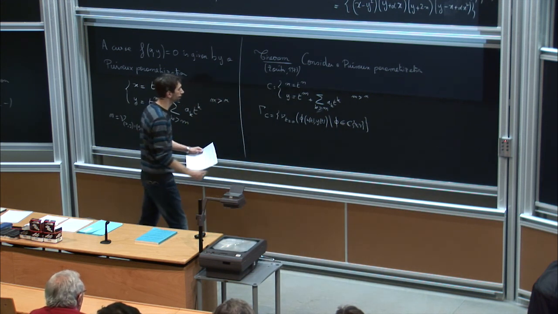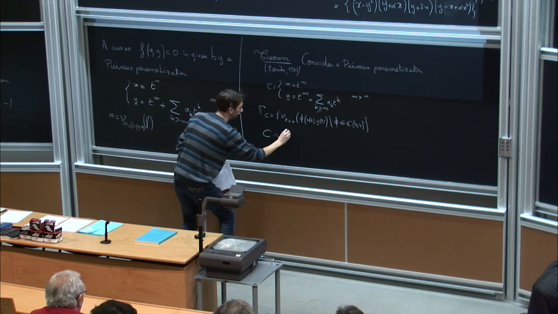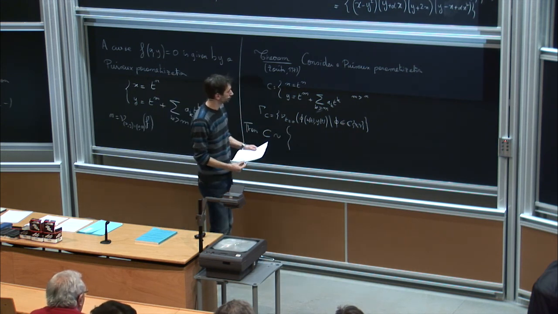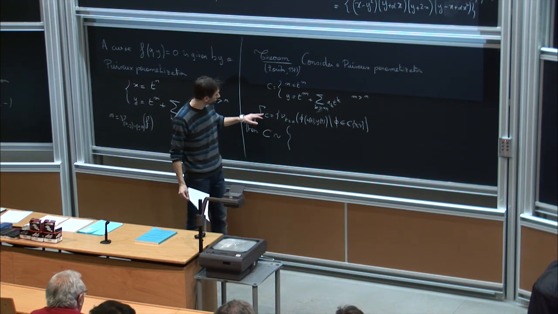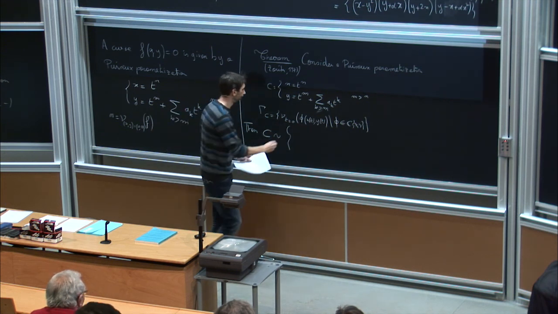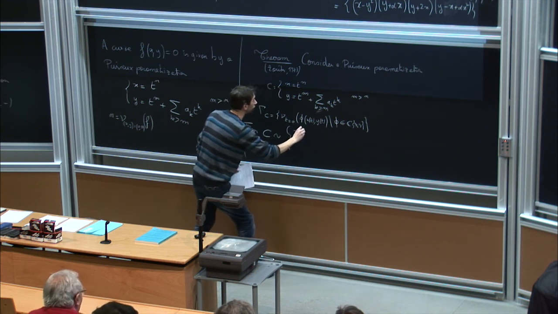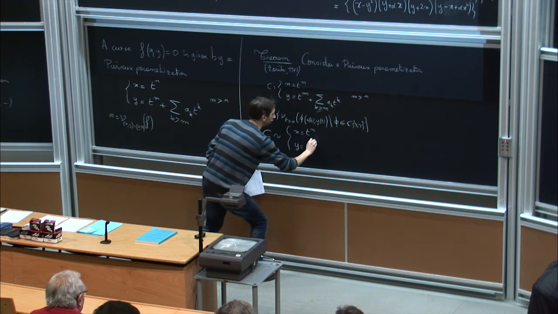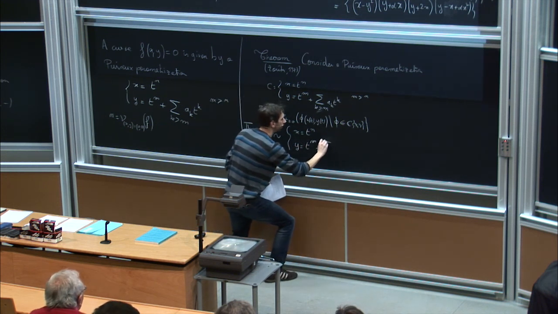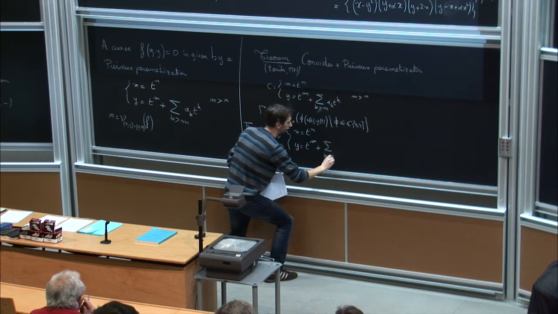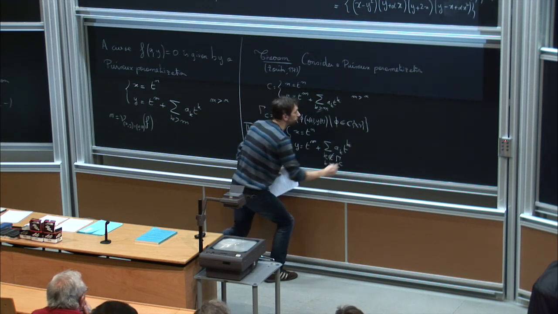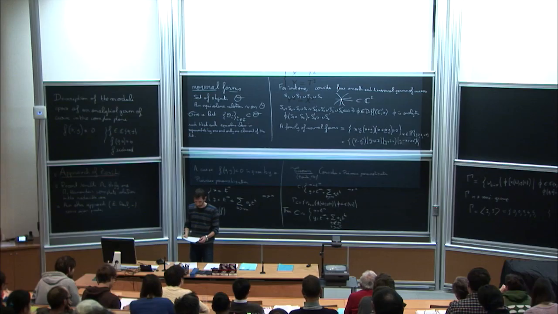Then C is equivalent to a Puiseux parametrization where the coefficients whose power belongs to this semi-group have disappeared. So C is equivalent to x equal to t to the power n, y equal to t to the power m plus this sum, where k does not belong to the semi-group and k is strictly bigger than n, with coefficients a_k t to the k.